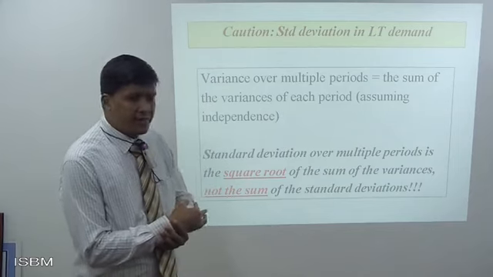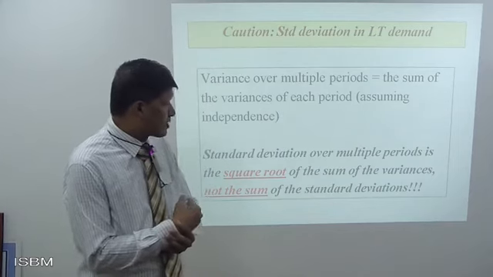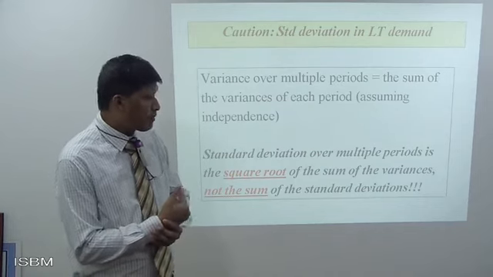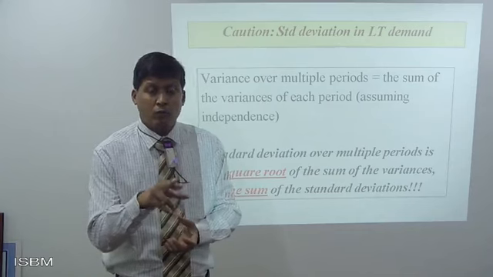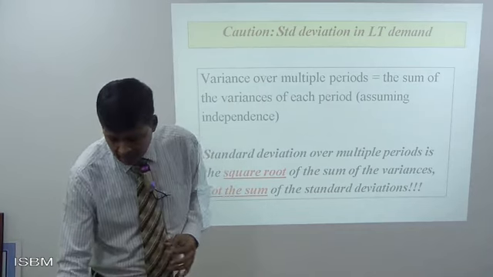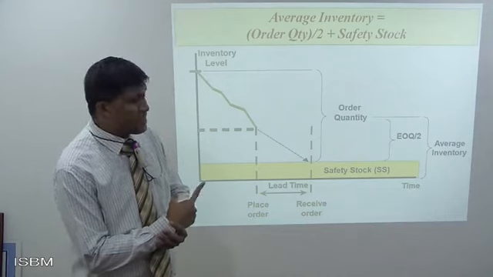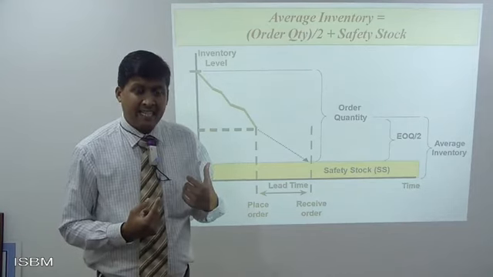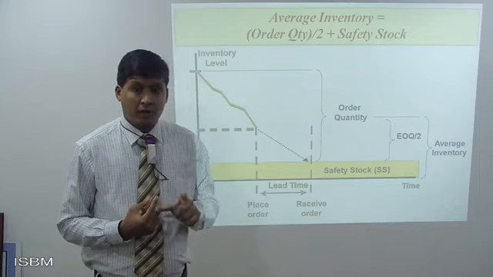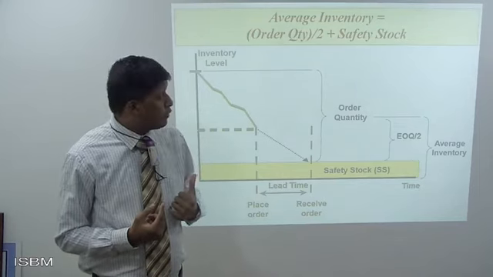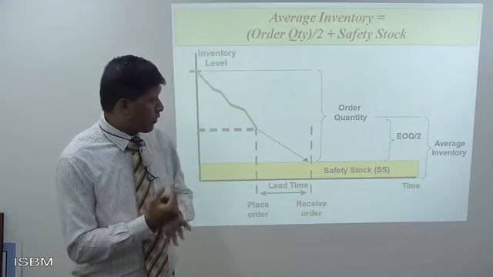So standard deviation over multiple periods is the square root of the sum of the variances, not the sum of the standard deviations. We are factoring in an element, and the factored element becomes part of the average inventory. When you want to absorb that safety stock as well, it would be order quantity divided by 2 plus safety stock.